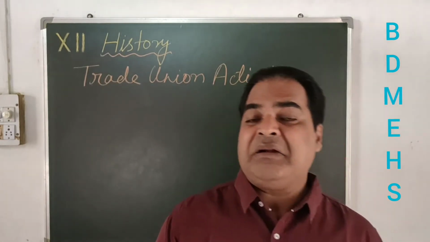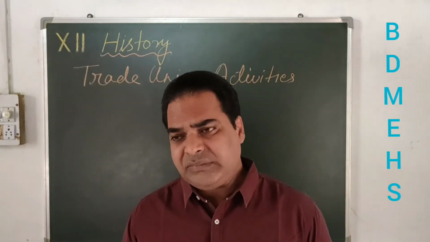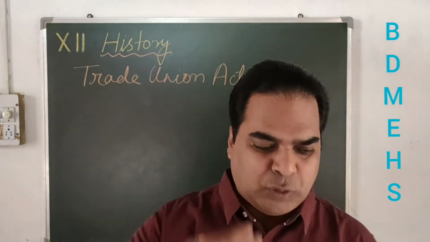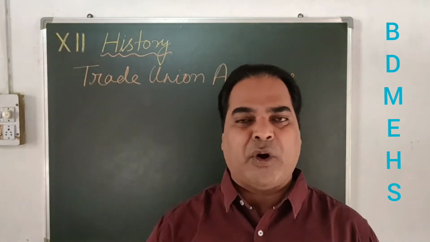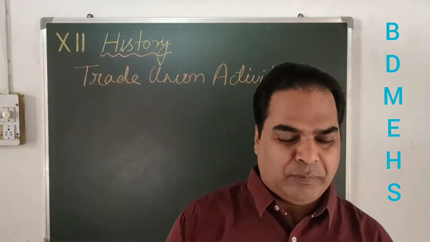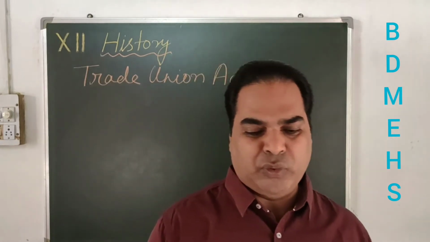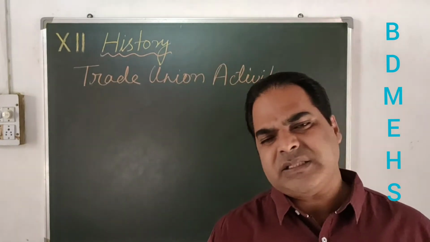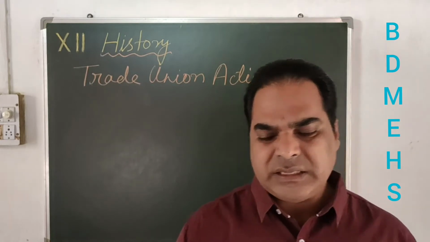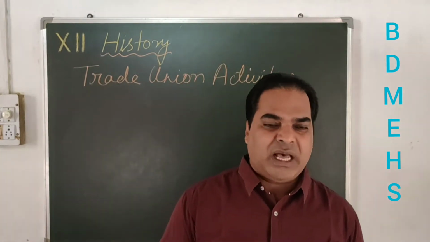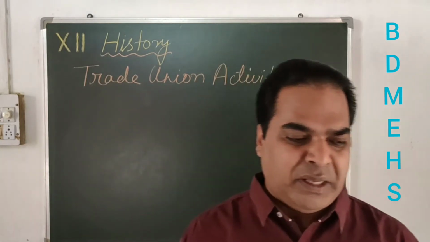So in 1919 and 20, industrial strikes took place in other important industrial towns like Kanpur, Calcutta, Bombay, Madras, Jamshedpur and Ahmedabad. A large number of workers participated in these strikes.